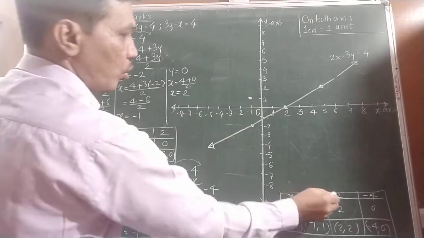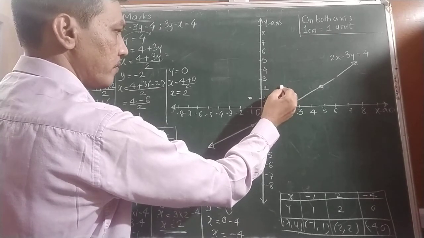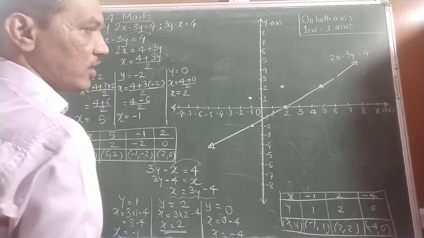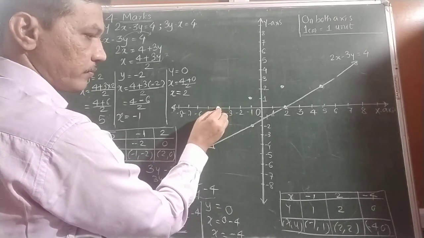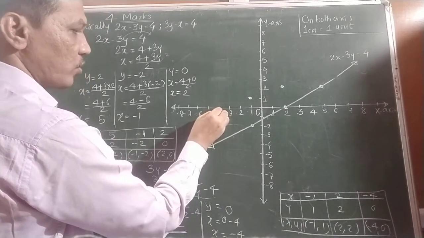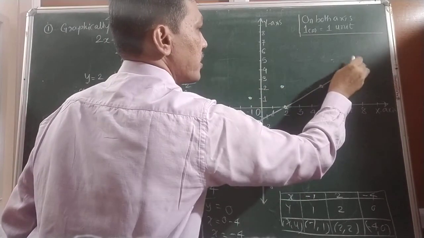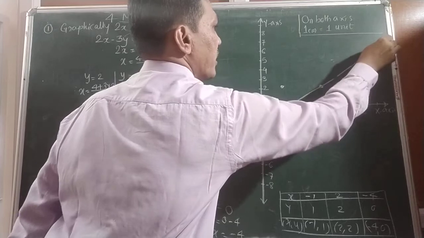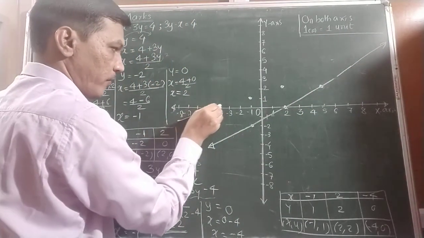Yes, here. 2 comma 2. So 2 comma 2 here. And minus 4, 0. So minus 4 on the x axis. Minus 4 here. y 0. So here. Now I have to extend this line because it should intersect. So these are the 3 lines, 3 points.